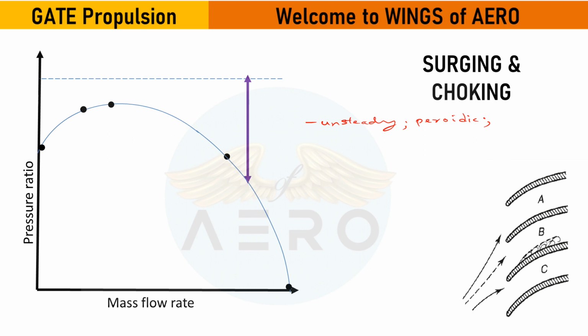You know, reverse flow, which leads to an adverse pressure gradient. Due to that adverse pressure gradient, the mass flow rate drastically decreases.